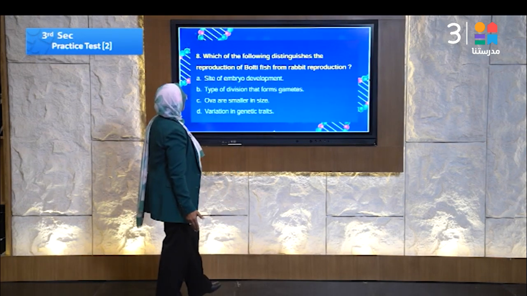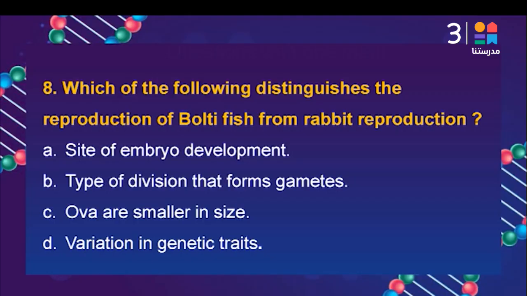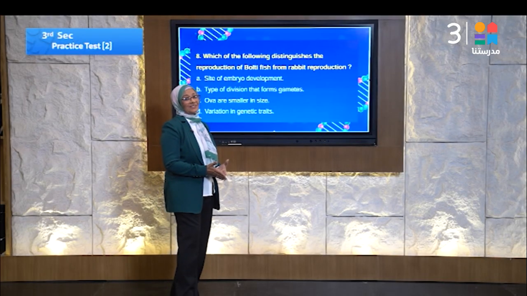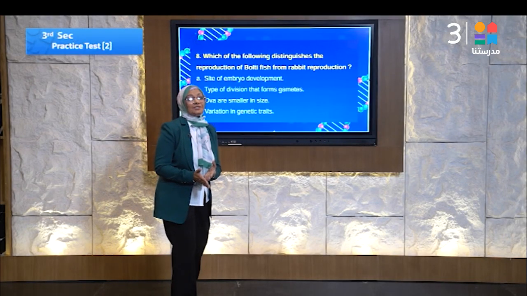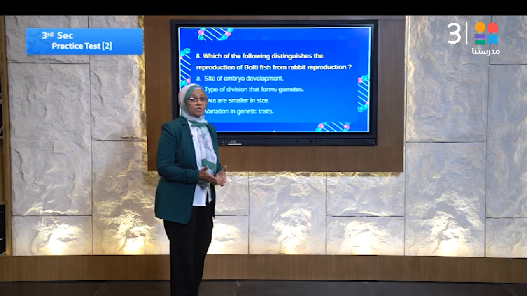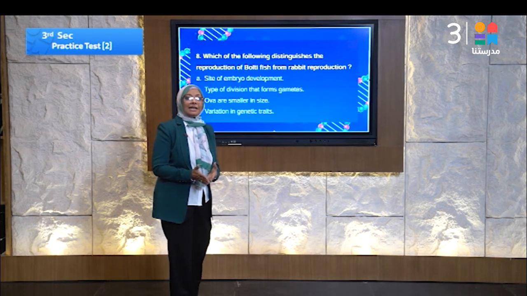Let's go to question 8. Which of the following distinguishes the reproduction of poultry and fish from rabbit reproduction? It's a very big difference. The fish is in the water. How do fish reproduce? By laying eggs in the water.